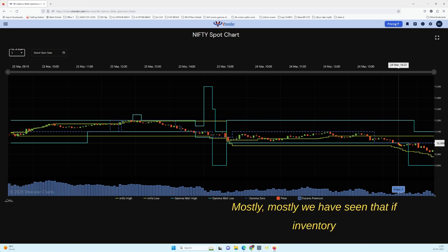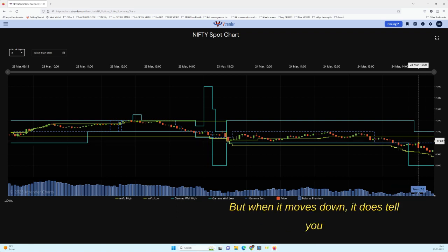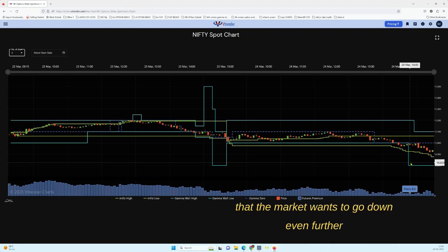Mostly we have seen that if inventory is caught upside down by the movement of markets, generally price does retrace, giving market participants a chance to readjust their positions. But when it moves down, it does tell you that the market wants to go down even further, and the inventory of the position is moved lower.